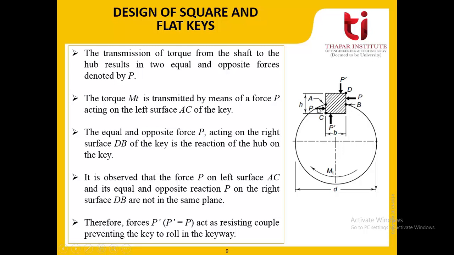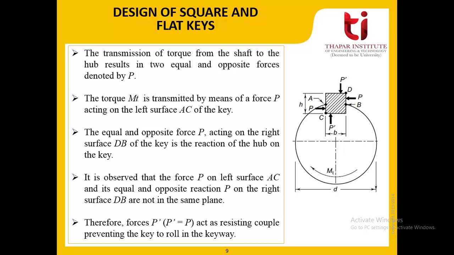Since they are equal in magnitude but have different lines of action, they will form a couple. The tendency of this couple will be to roll the key in between the keyway.